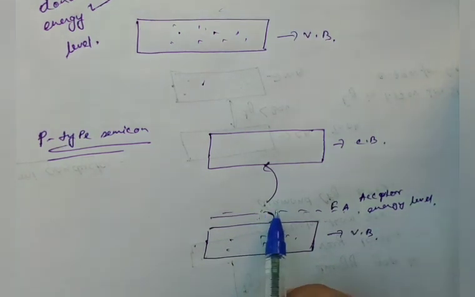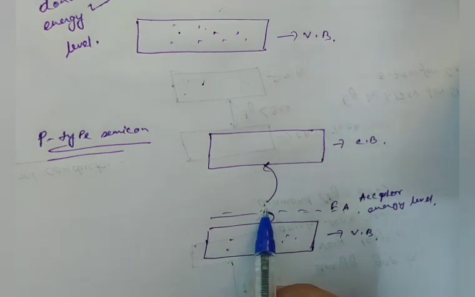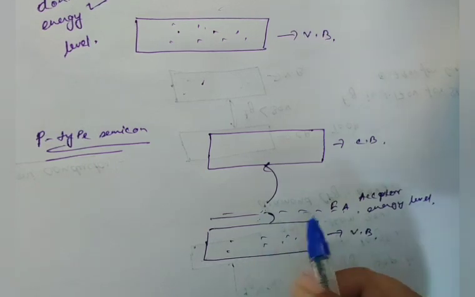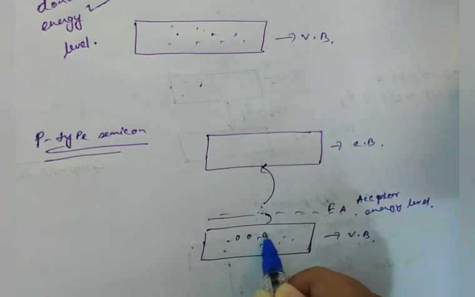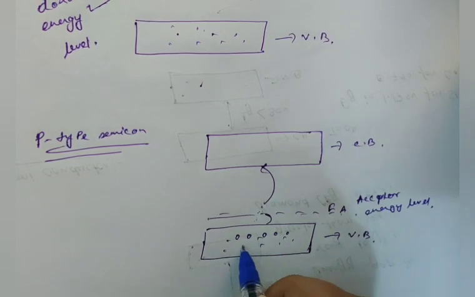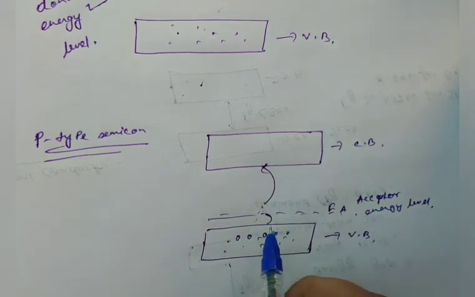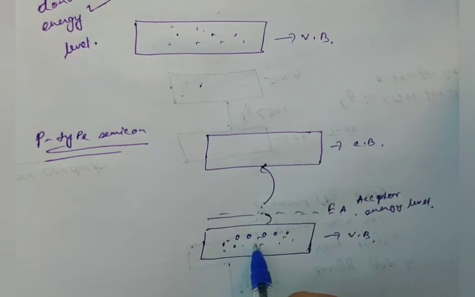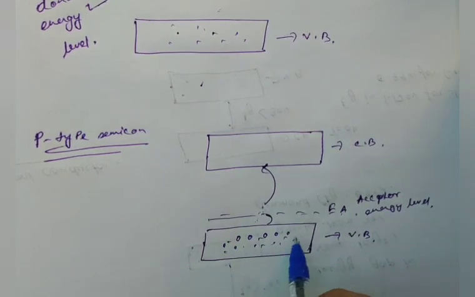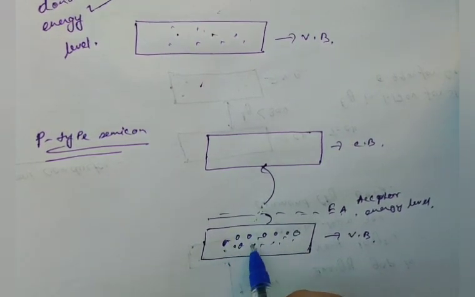So at room temperature, many electrons of the valence band get excited to the acceptor energy level, leaving behind an equal number of holes in the valence band. So these holes can conduct current. Thus the valence band has more holes than electrons in the conduction band.